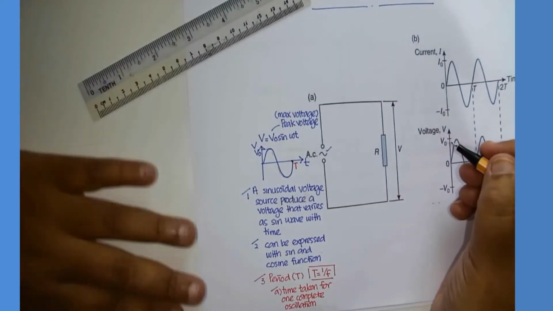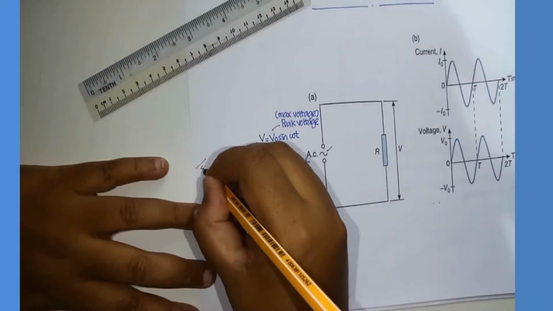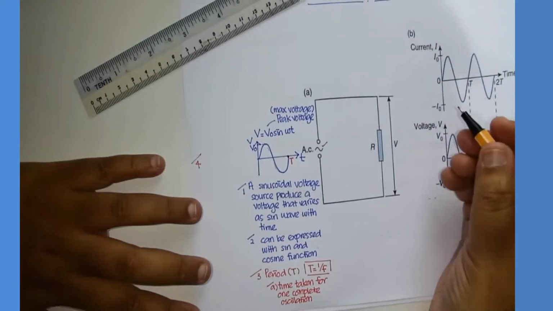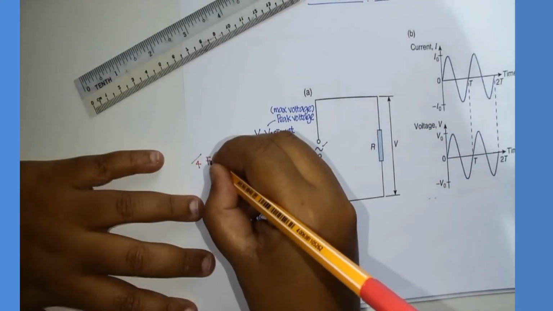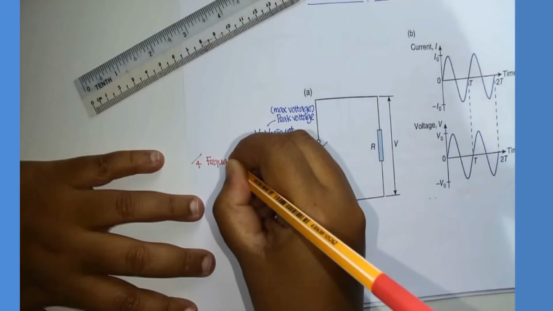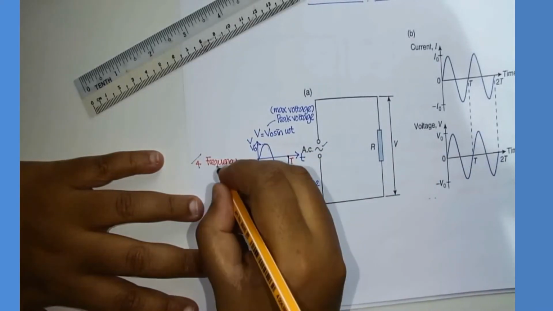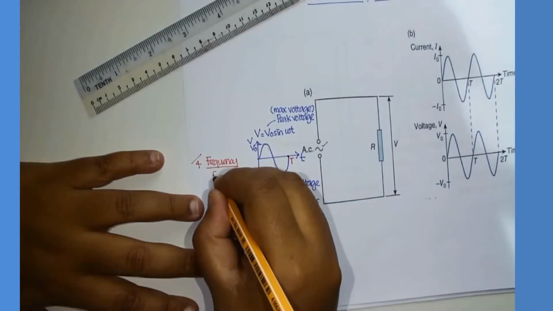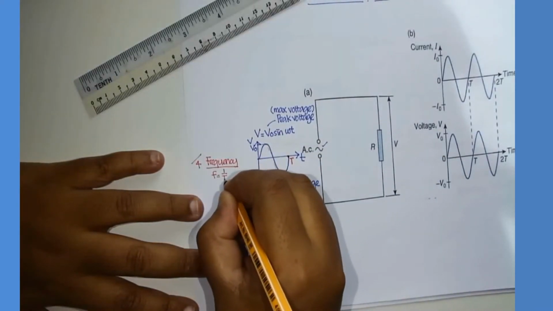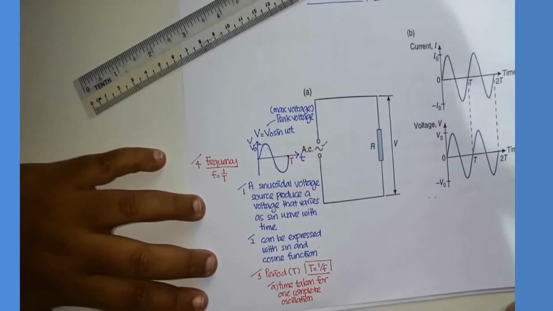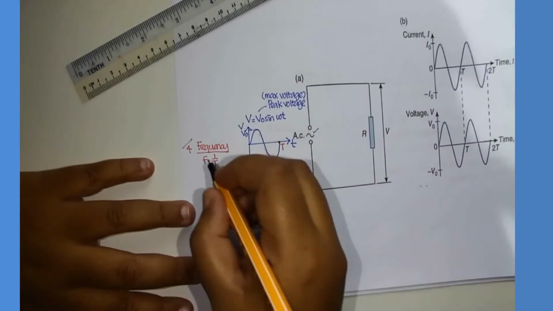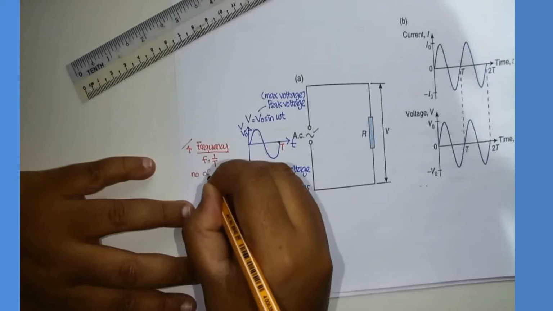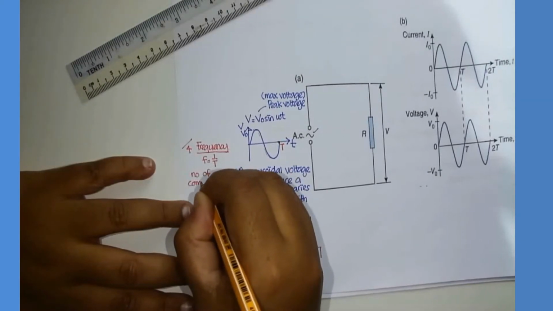And number 4, which I'm going to write here, is frequency. What is frequency? Frequency is f equals 1 over T, which is the number of complete cycles per second.